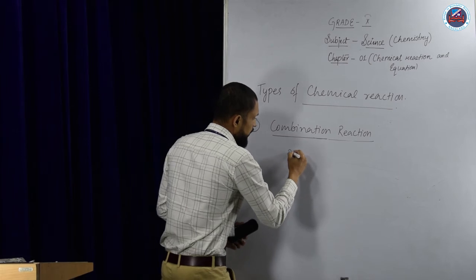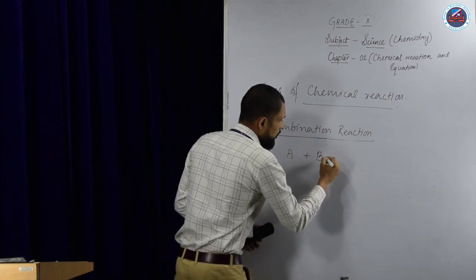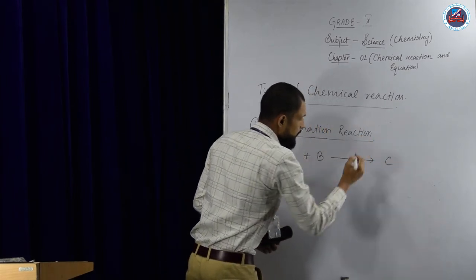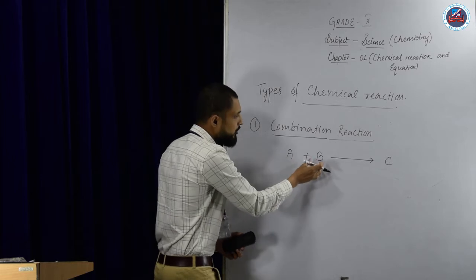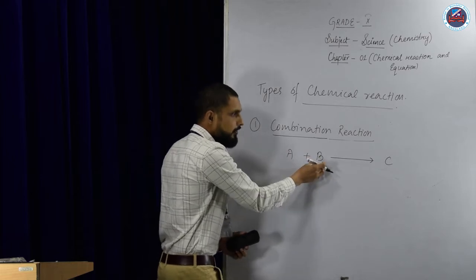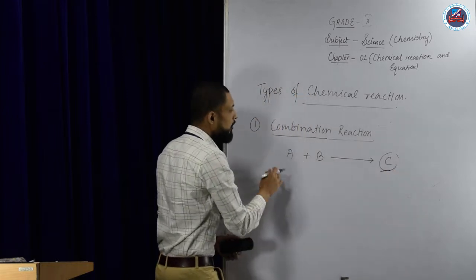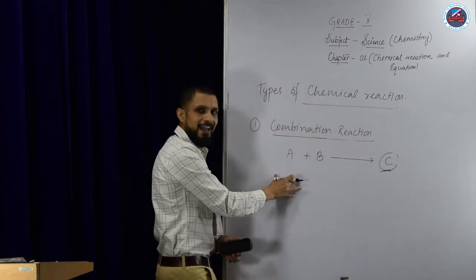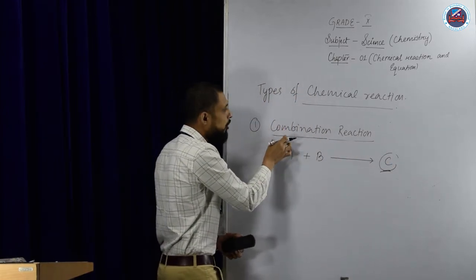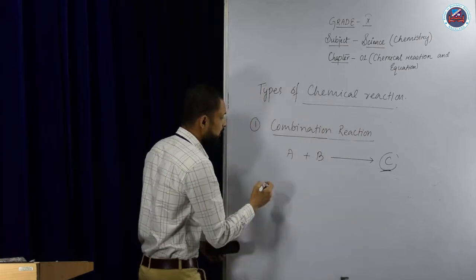So for example, A plus B gives C. You can see you have 2 reactants here, that is A and B, forming only one product, that is C. So this type of reaction is known as combination reaction. Let us take one example.